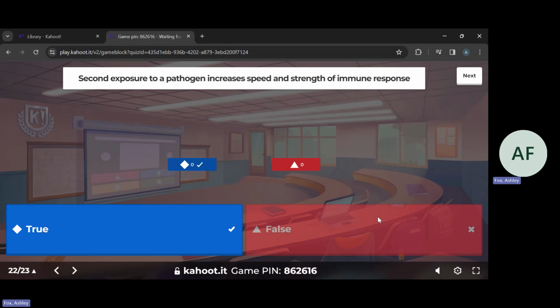Remember, you have the first exposure on that graph, with time in weeks down here. So you have the small response and delayed response where it takes a while.